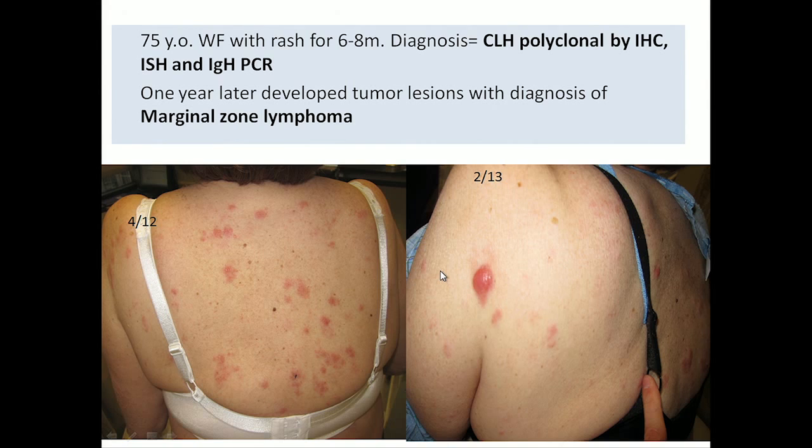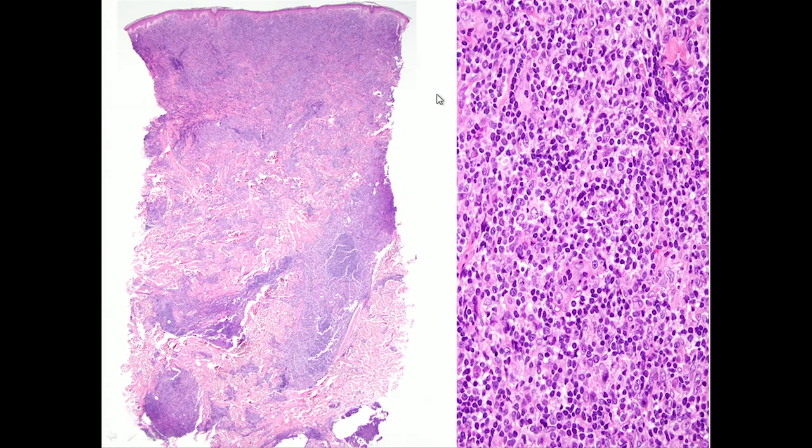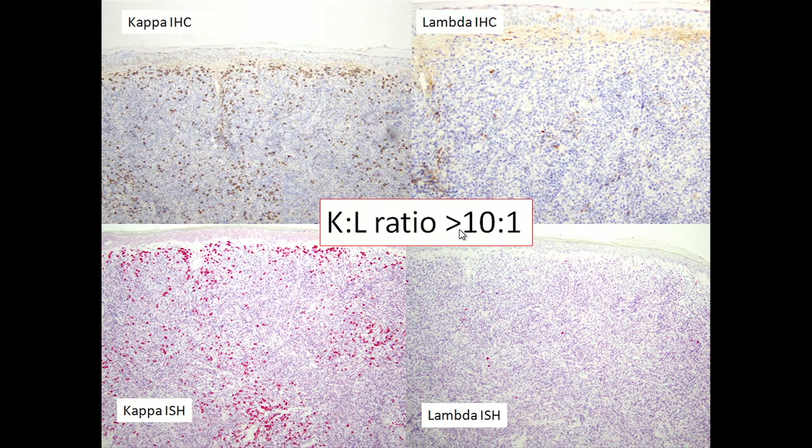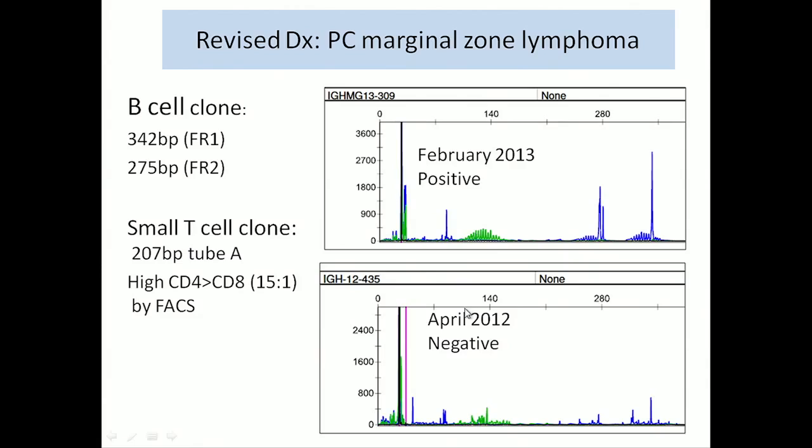Now, let me show you an example of a patient of mine. This patient had Hashimoto's thyroiditis. Early on had a polyclonal cutaneous lymphoid infiltrate, polyclonal by immunohistochemistry, in situ hybridization, and eventually PCR, but after 1 year, evolved into a true lymphoma with a kappa-restricted process and positive clonality.